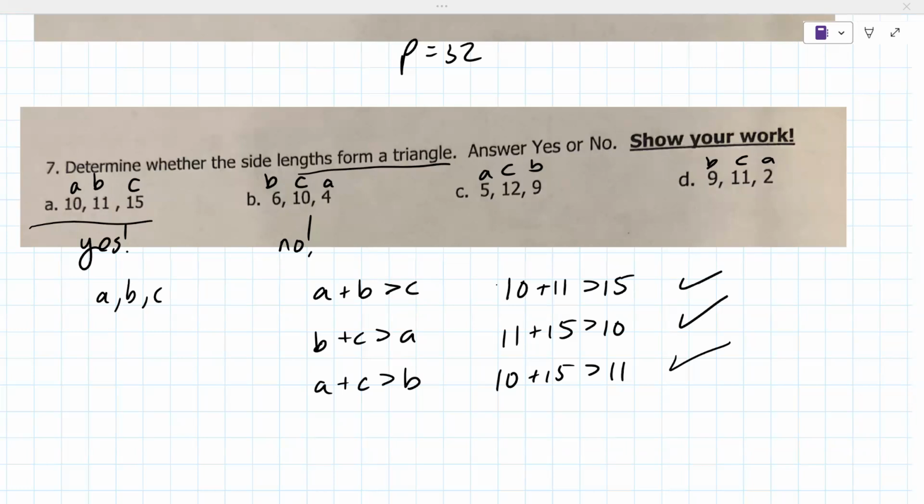The second one is yes. I agree. How about the last one? Go ahead and look through that. All right.